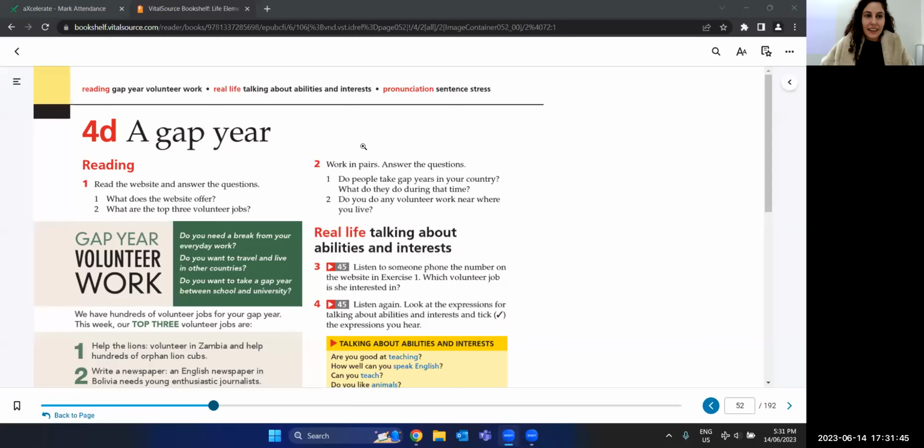So we're looking at 4D, a gap year. So a gap year means when you take 1 year, like holiday. So usually a gap year is very common when people finish high school.